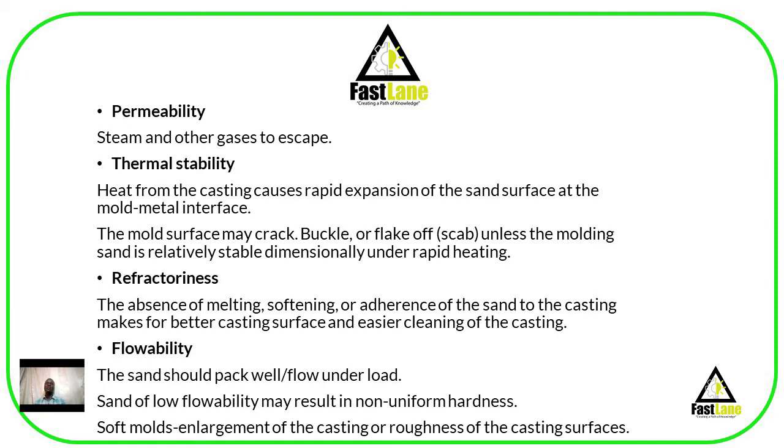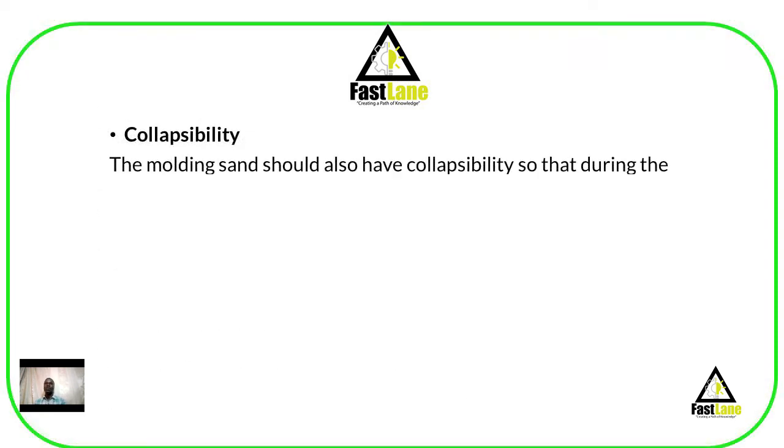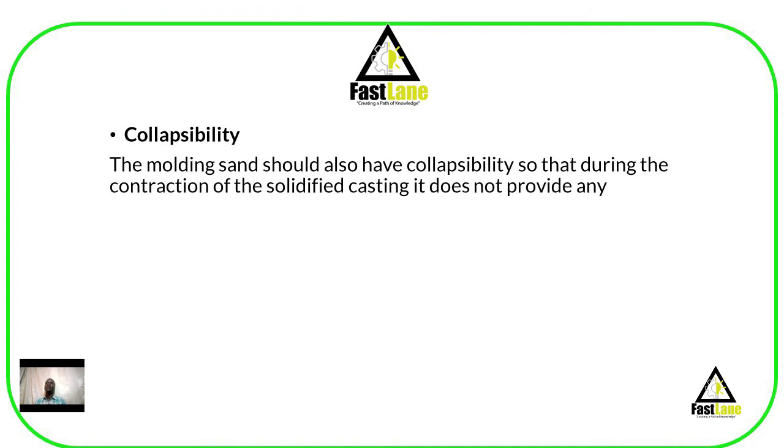Then we have a property known as collapsibility. Collapsibility enables us, when it comes to removing our final product, which is the casting, to have the molding sand collapse easily, such that we withdraw our final product. So that is collapsibility.